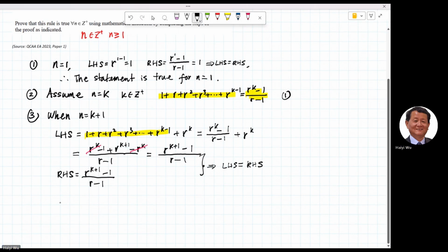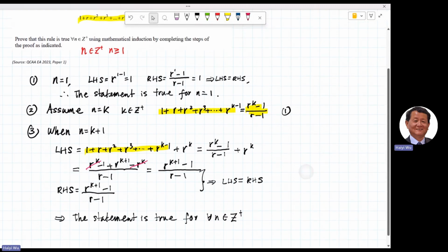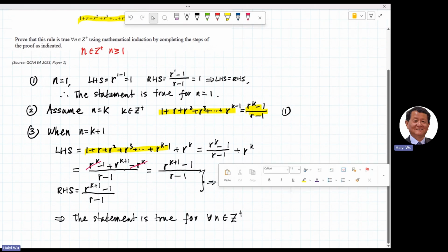Therefore, we conclude the statement is true for any n belonging to the positive integers. So that's how you prove statements using mathematical induction for the sum of a geometric sequence.